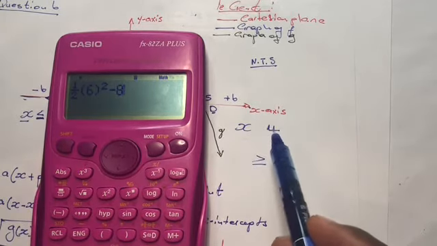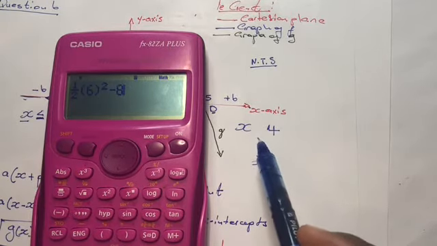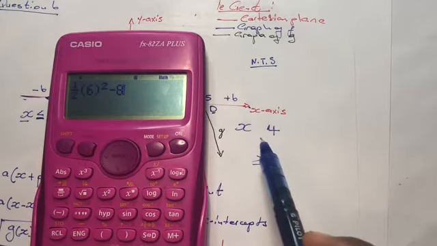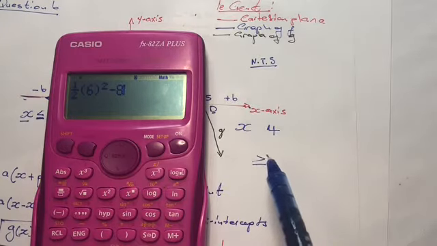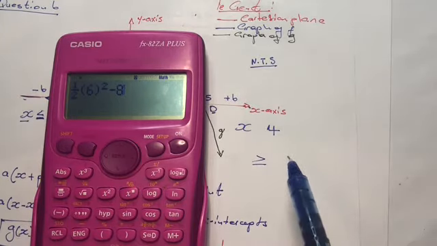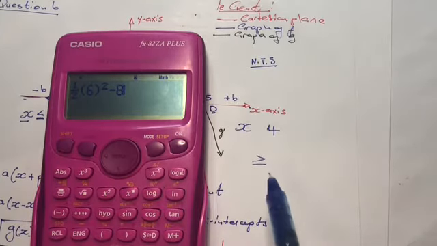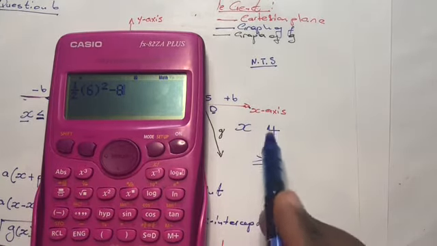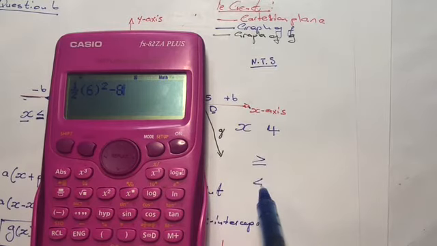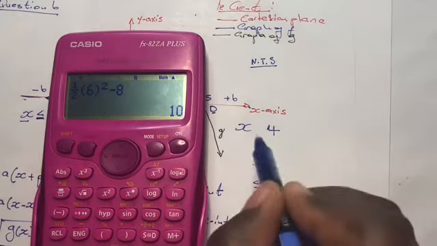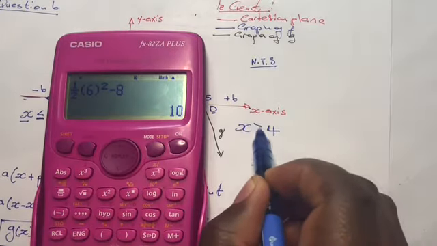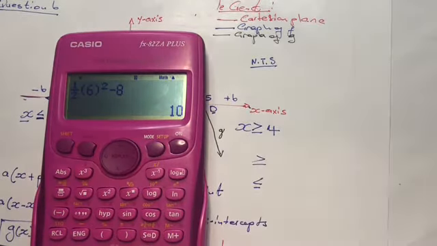But otherwise, if I find a value which is less than 0, which is a negative answer, then the sign that I'm going to use there is going to be less than or equals to. So let's see. Can you see? I also get a positive value which is greater than 0.